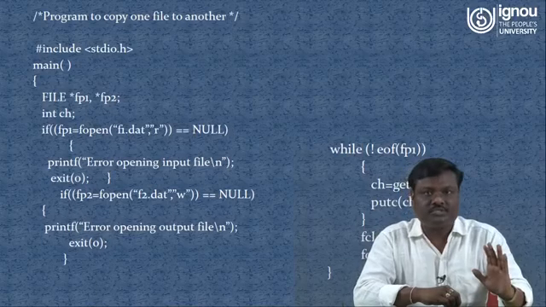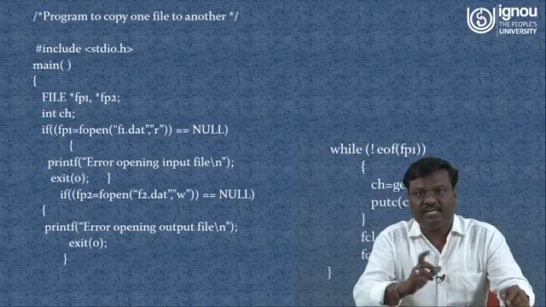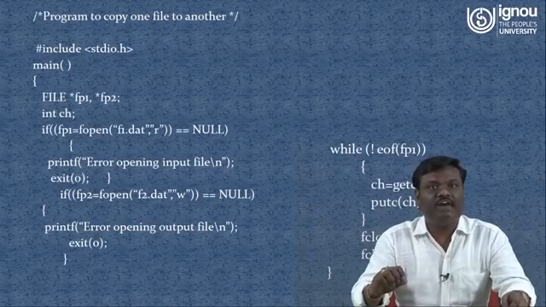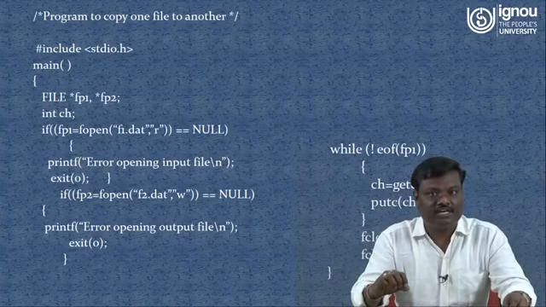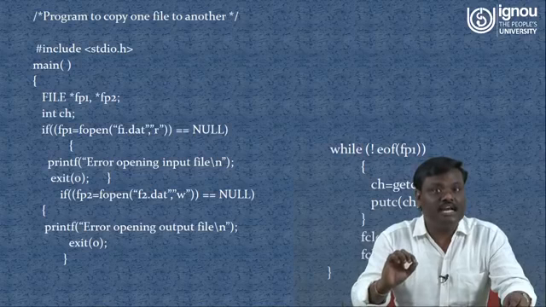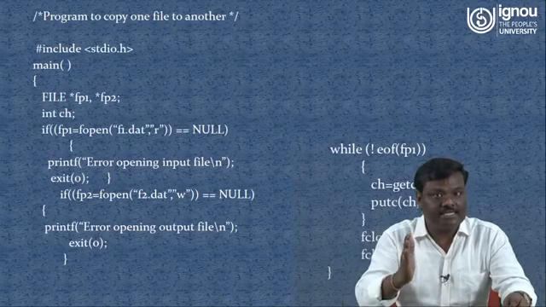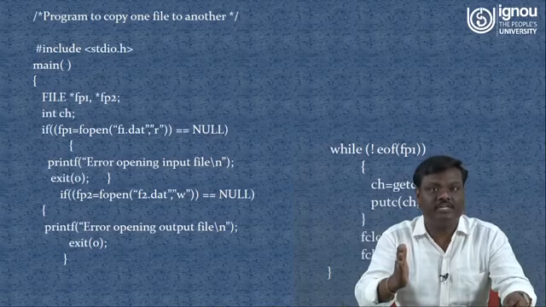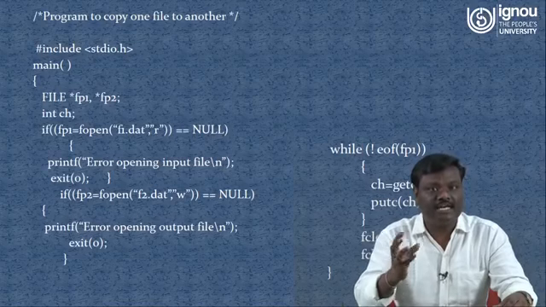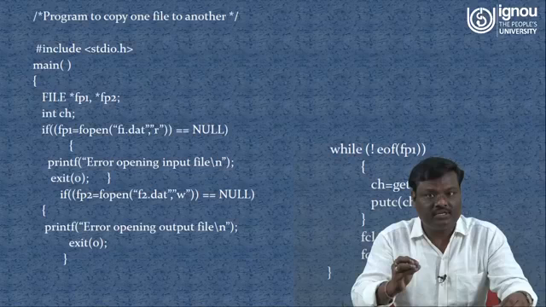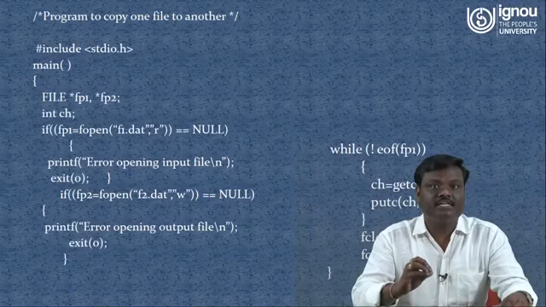Suppose that is qualified and it comes to the else statement: while end of file, that is until the end of file marker is encountered for fp1, file 1, what needs to be done? Get the character one by one and put the character in fp2, file 2.